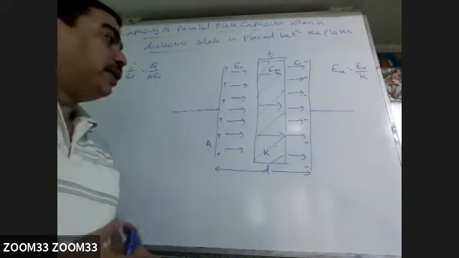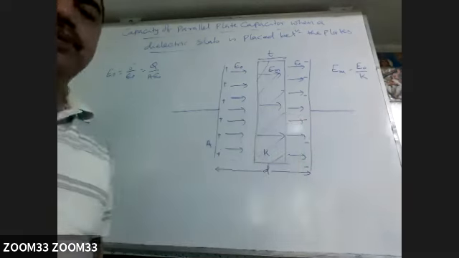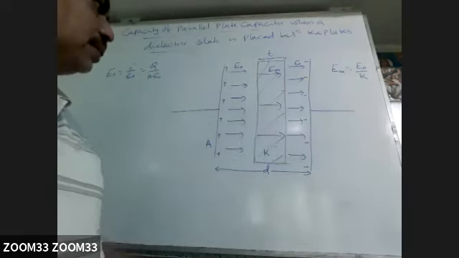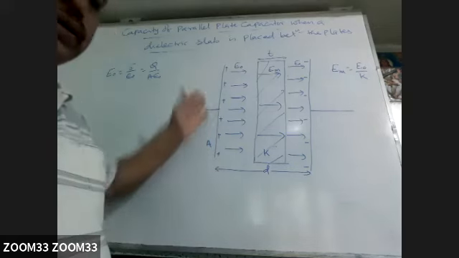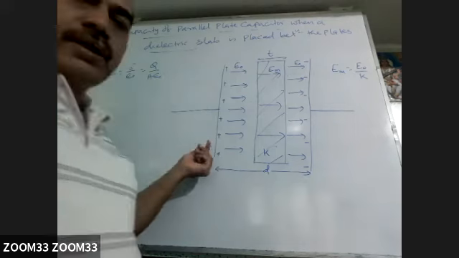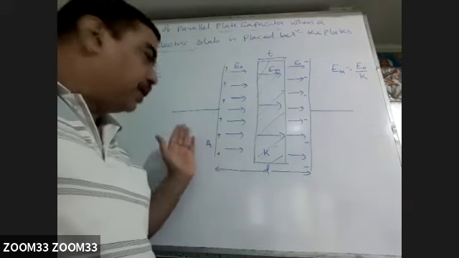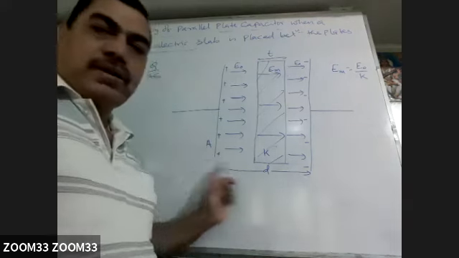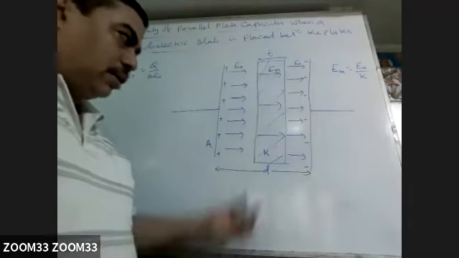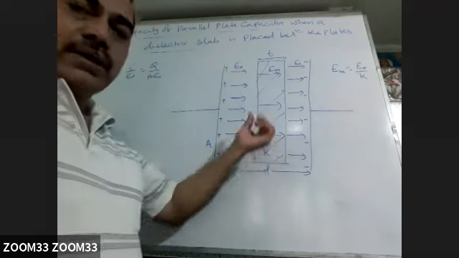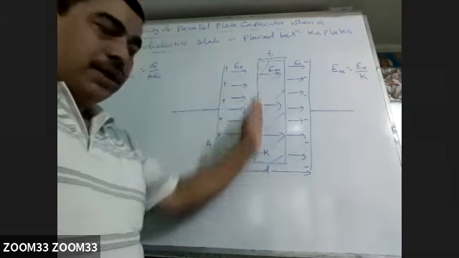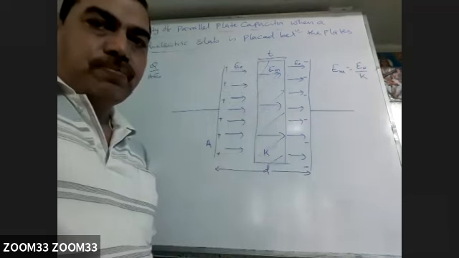Now, what will be the equivalent capacity of this capacitor? If derivation is asked, we proceed the same way. Let us consider a parallel plate capacitor, each plate having area A, and the separation between the two plates is D. Let a dielectric slab of dielectric constant K be inserted between these two plates.